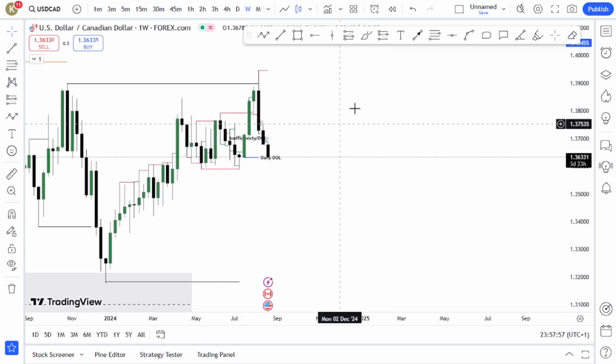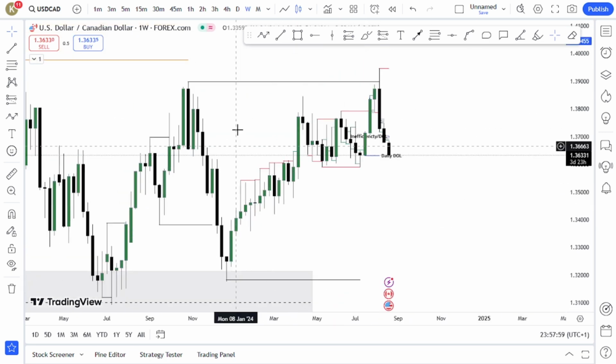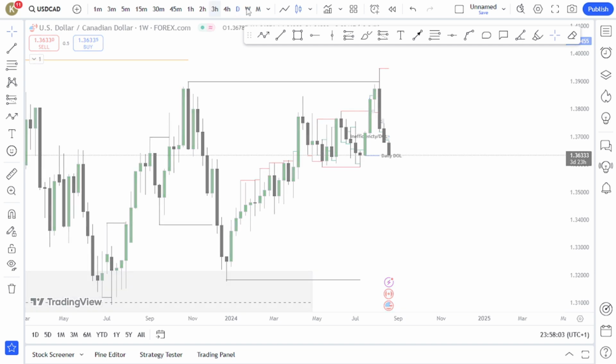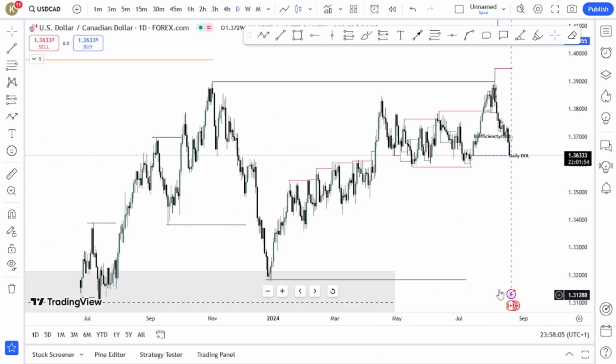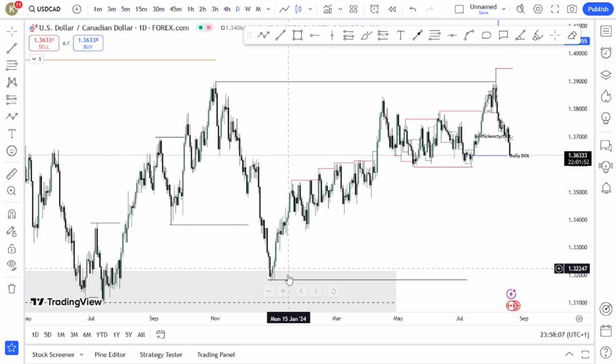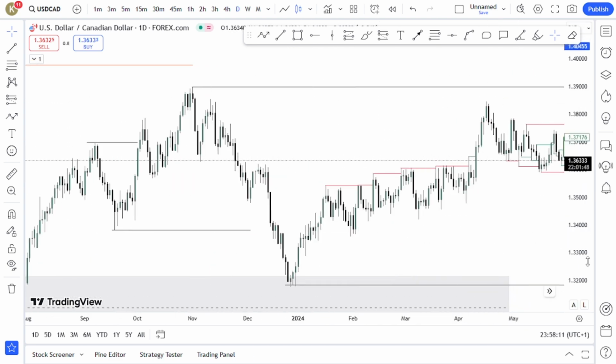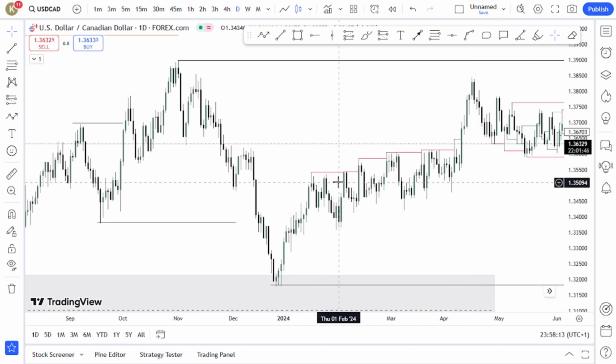When I come on, I know that okay, weekly, price is going up. I've gotten my draw. Fine. Now I come on my daily. I see that price is going up. Let's say we are on this particular day, for instance.